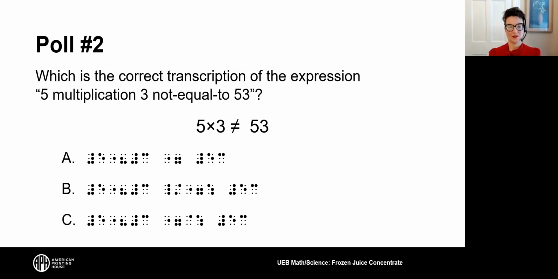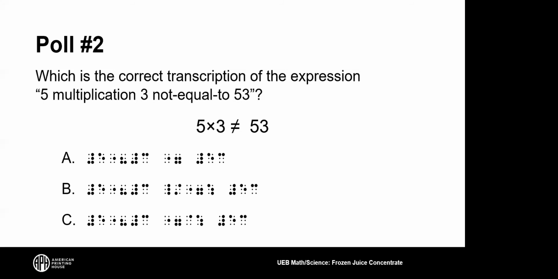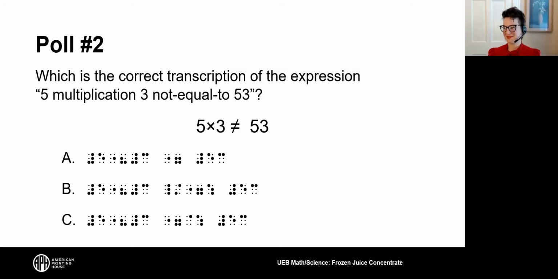And the third option, choice C, shows for the symbol of comparison, dot 5, dots 2, 3, 5, 6, dot 4, dots 1, 5, 6. And what I can share is that 87% of our friends that are with us today chose option C.